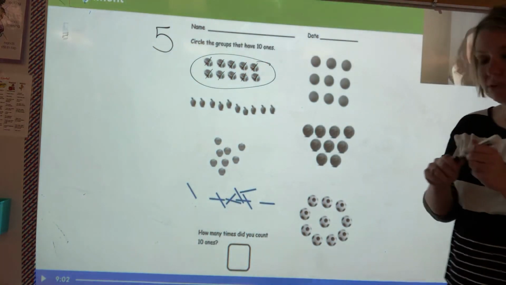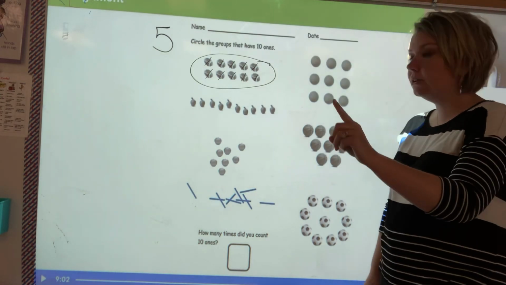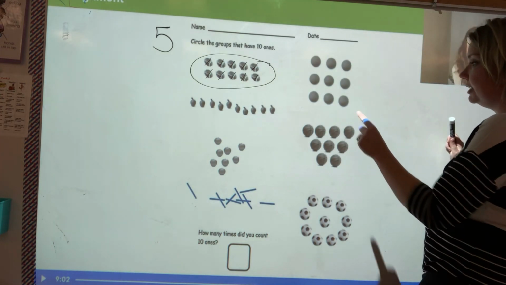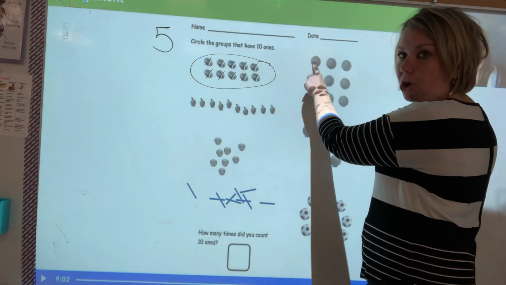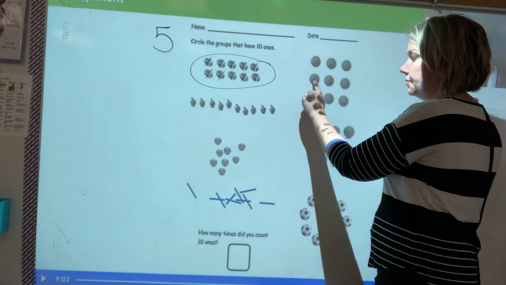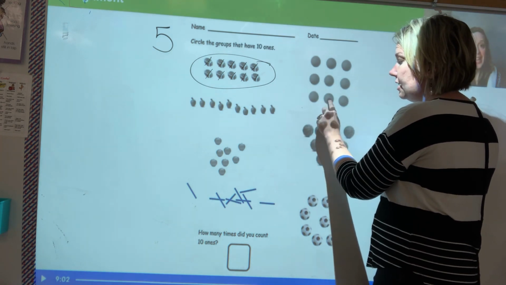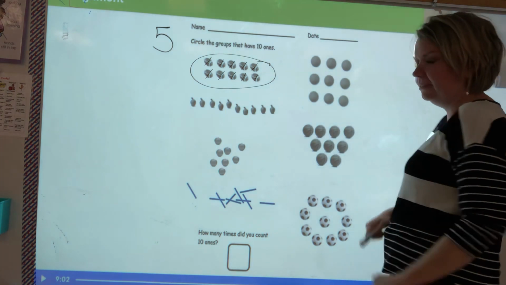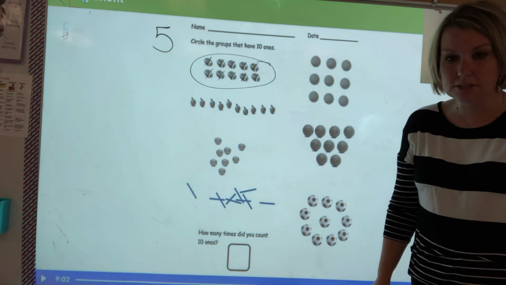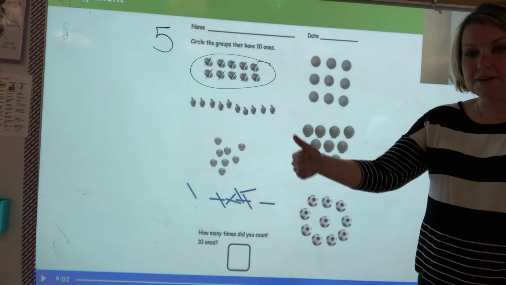Another strategy you could use is touch to count. You can get your pointer finger and touch to count. I'm going to count these balls. 1, 2, 3, 4, 5, 6, 7, 8, 9. Did you count 9 also? Yeah.